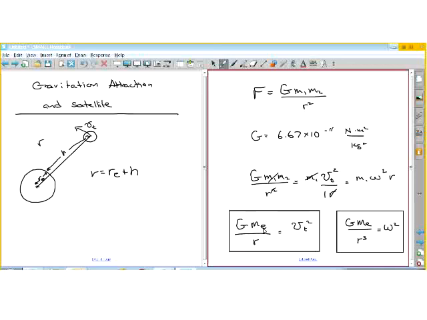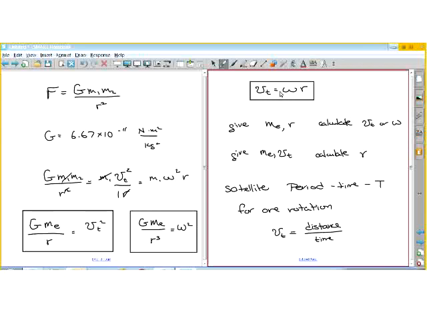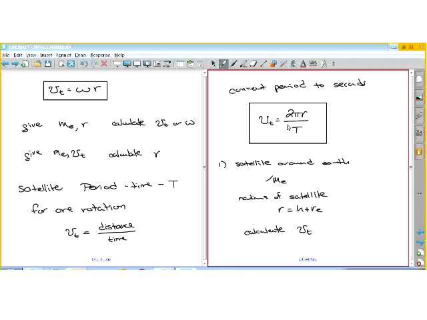Universal gravitational constant, the mass of the, in this case, Earth, but whatever the mass is of the object at the center of rotation. So if I go to Jupiter or Mars, you'd use the mass of Mars or Jupiter. And then you have the relationship between tangential and angular velocity.